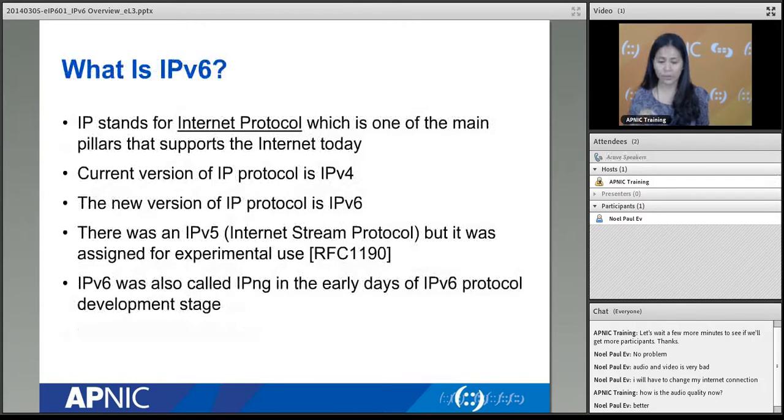All right, so let's start off with IPv6. Before we jump straight into that, I'd like to review what a protocol is. What is a protocol? As you know, protocol is something that is inherent in internet communications.